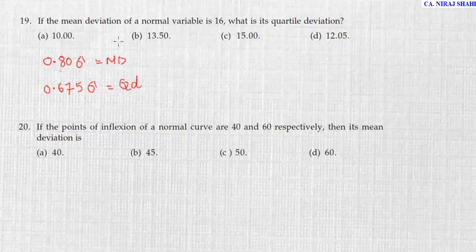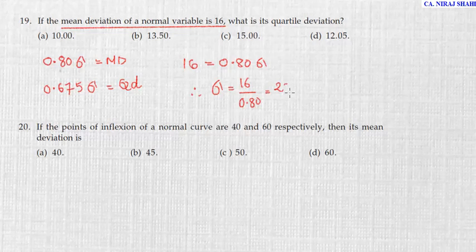Now mean deviation of the normal distribution is given as 16, so we can say 16 is equal to 0.80 into sigma. So we can find out sigma is equal to 16 divided by 0.8, which is equal to 20.